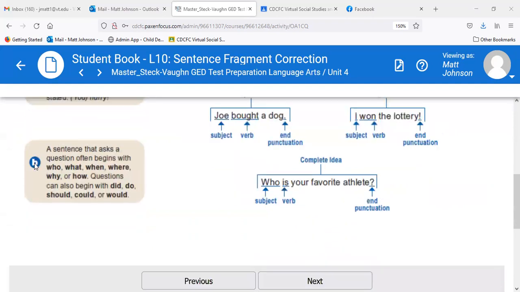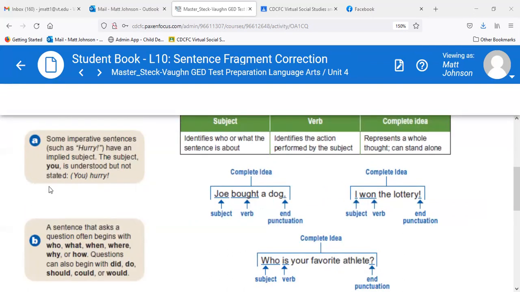And over here in our little boxes, it says some imperative sentences, such as "Hurry," have an implied subject. The subject, you, is understood but not stated. You're probably going to encounter that more in fiction. If you're reading, you may see things like little short sentences or ideas.